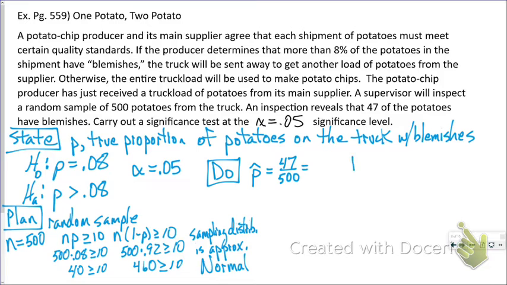We're going to do a one proportion z-test, which is z equals p hat minus p all over square root of p times 1 minus p over n. Calculator is going to do all the math for us. So let's give it a shot.